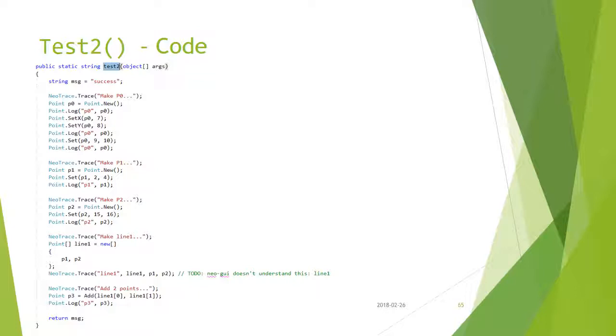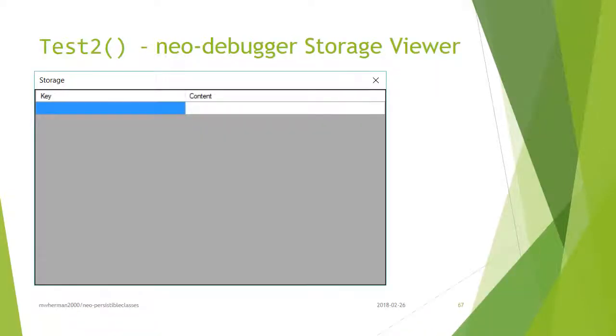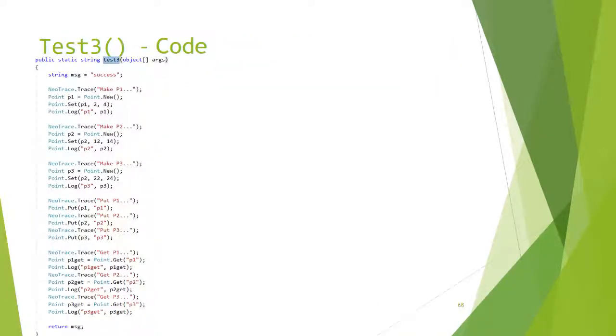We make a line, and we add 2 points. So this is just showing at the basic level, level 1 basic, what we can do in terms of manipulating points. And there we see the output in the event log. I'm not going to explain too much of that. If you're watching this on YouTube, you can click on the screen and take a few minutes to read that. Again, nothing in the storage viewer.